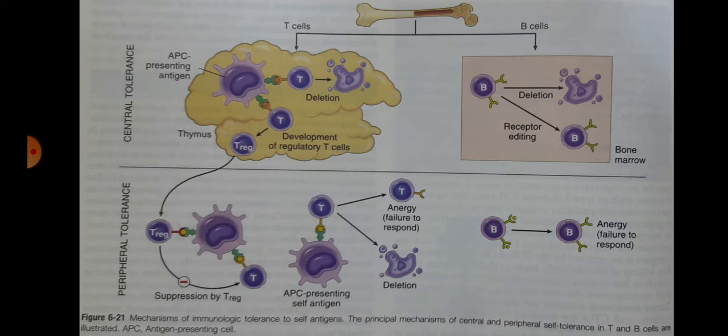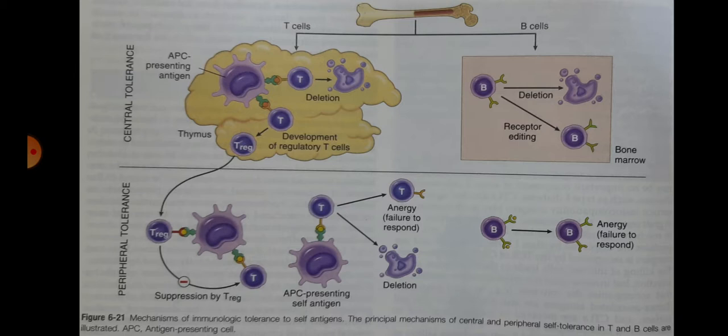Now another mechanism which provides peripheral tolerance is deletion by apoptosis.